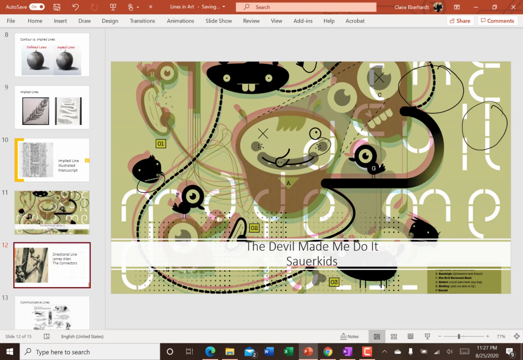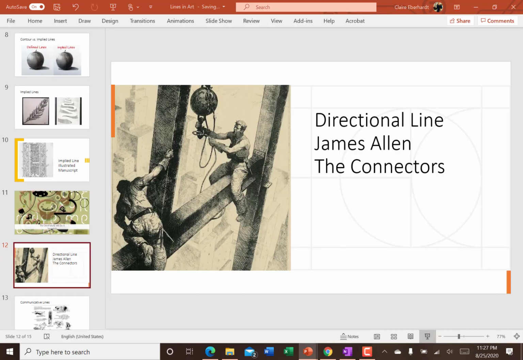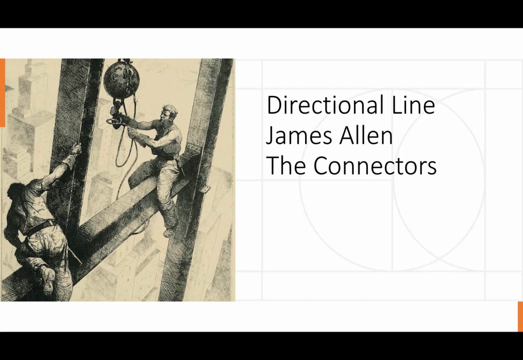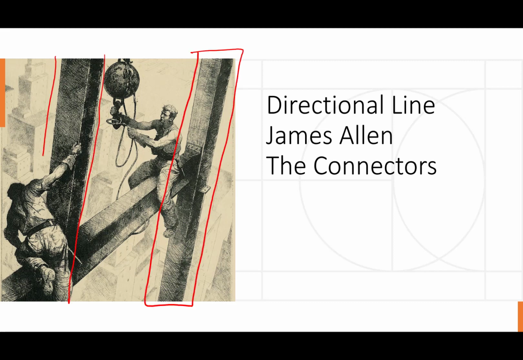Here is an example of a directional line. So the directional lines used here are these big pillars. And in the background, you have the later faint buildings, which also are using a sense of directional line, but the most obvious are the lines in the forefront, and this is called The Connectors by James Allen.